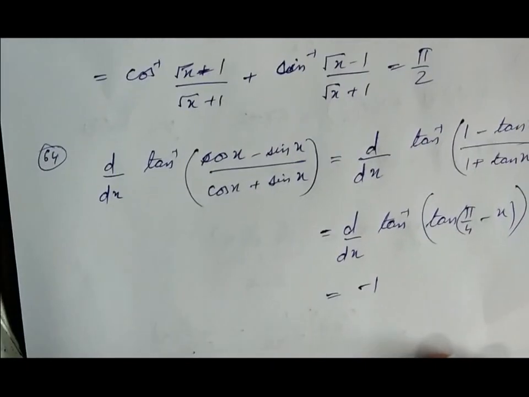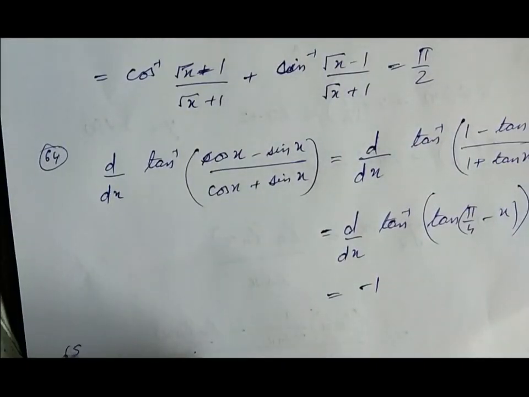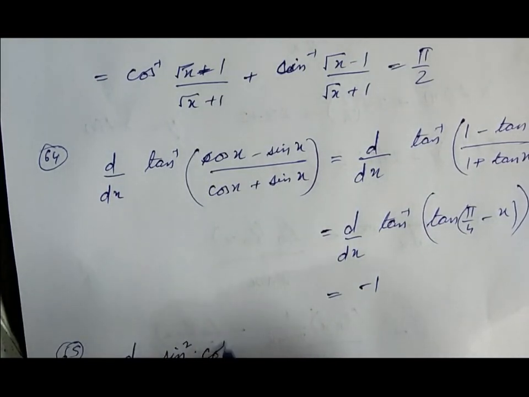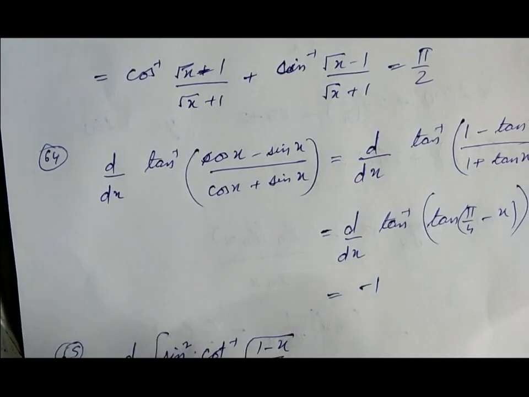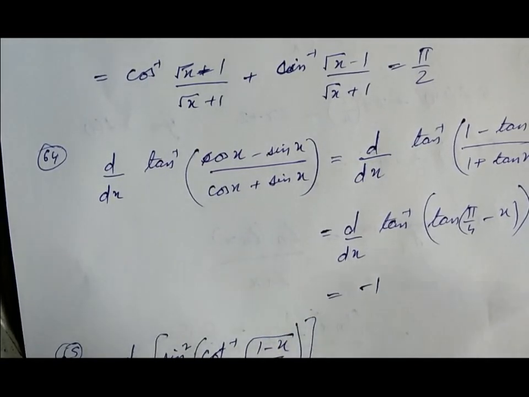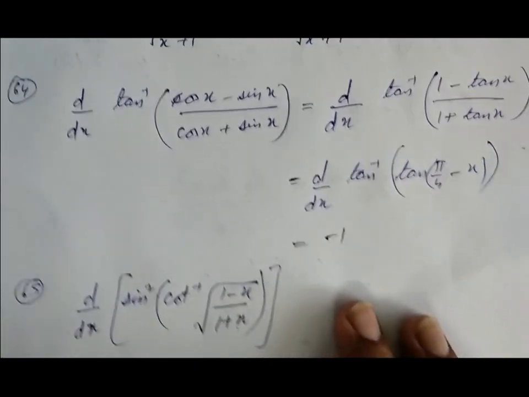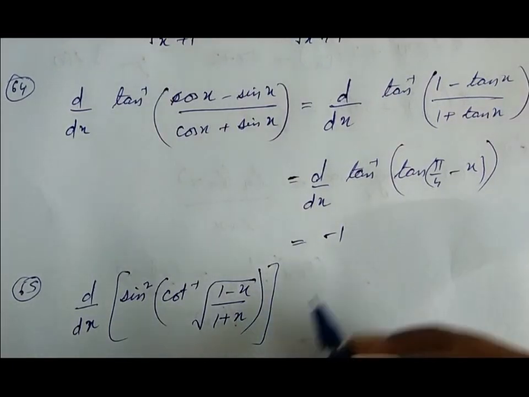Okay, moving to next question, question number 65. We need to calculate d by dx of sin square of cot inverse of the root of (1 minus x) upon (1 plus x). Let's substitute x equal to cos theta.